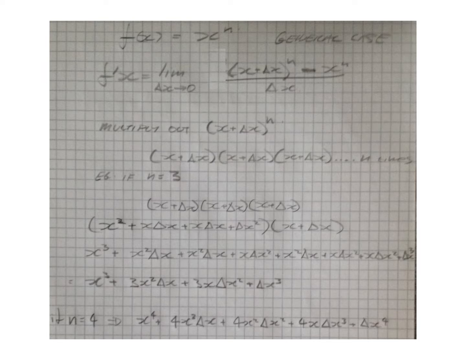I'm going to try and fit this on the board somewhere. This is divided by delta x, the whole thing. So you can try and see if you can group some of these terms together. We've got a 2x delta x squared here and a 2x delta x squared here, so we can maybe get rid of that one and say we've got 4 of those. You can do that if you want to.